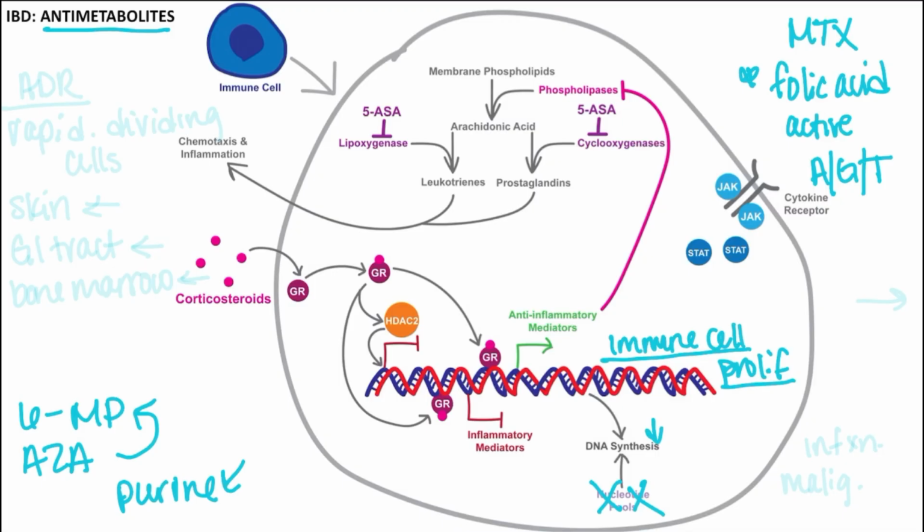Now these antimetabolites are general immunosuppressants, so there will be a risk of infection and malignancy, but also because they interfere with cell proliferation, they're going to lead to ADRs that are associated with rapidly dividing cells.